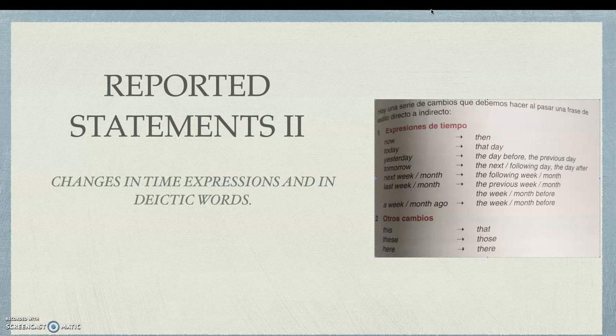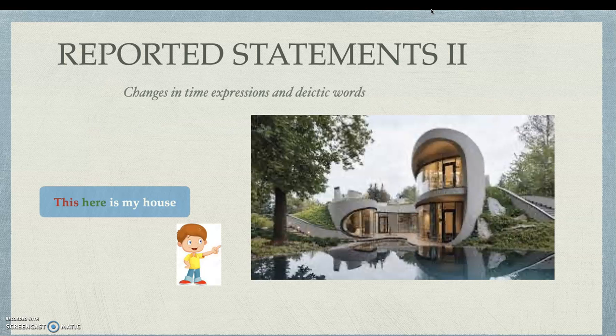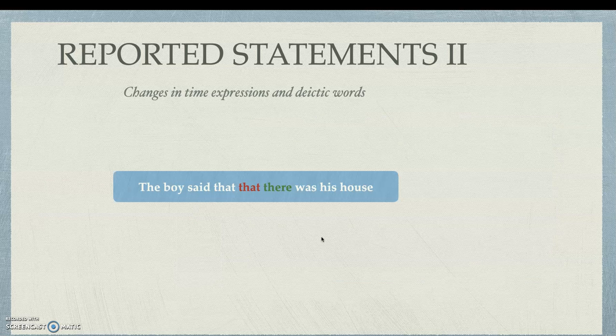We will better see this in examples. Here is an example for time expressions and deictic words. For example, this boy says, "This here is my house." The boy said that there was his house.